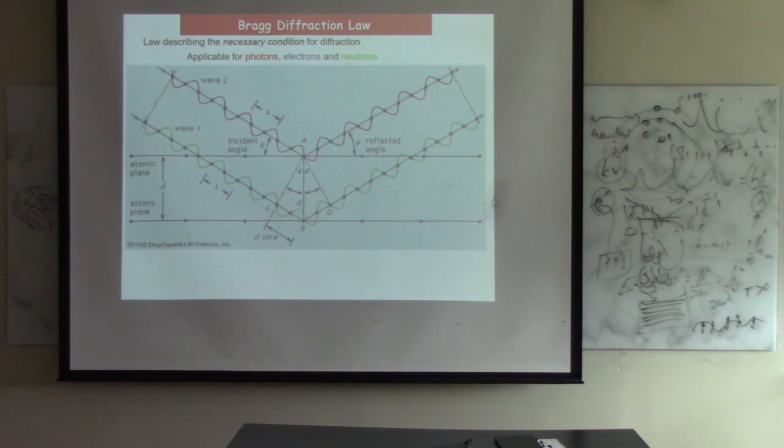If it is lambda by 2, or 3 lambda by 2, or 5 lambda by 2, we call that destructive interference. So either this way, or in terms of the path length, we can also define something called the phase difference.